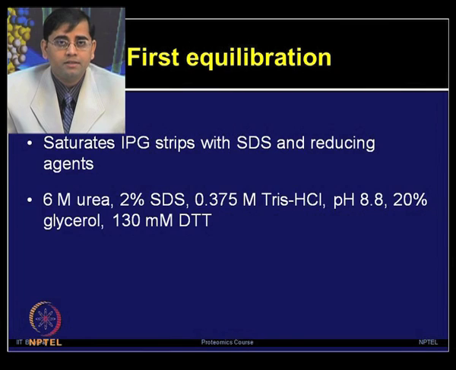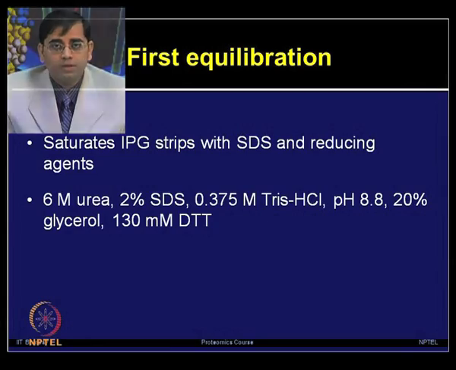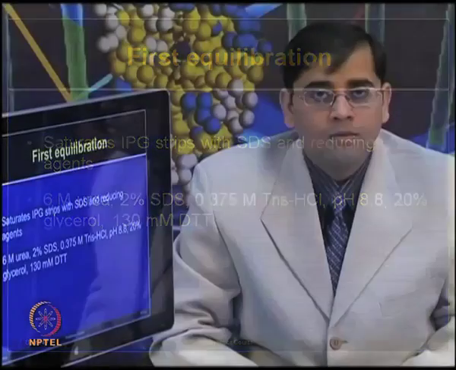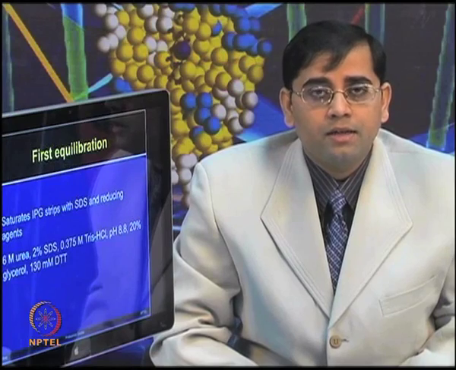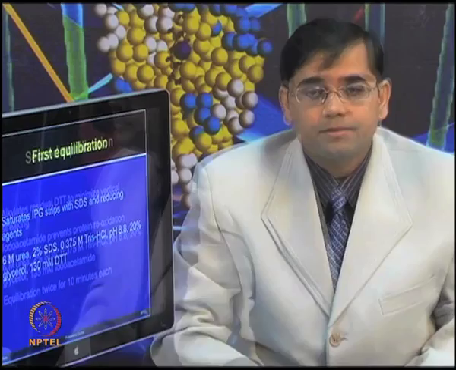People try different slight modification of this concentration and recipe for doing the equilibration step. Now, as I mentioned, in this buffer you can add DTT, and that will be used in first equilibration step. The first equilibration step can be performed for 10 or 15 minutes depending upon your strip length.